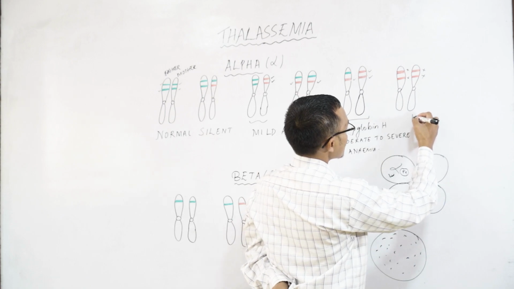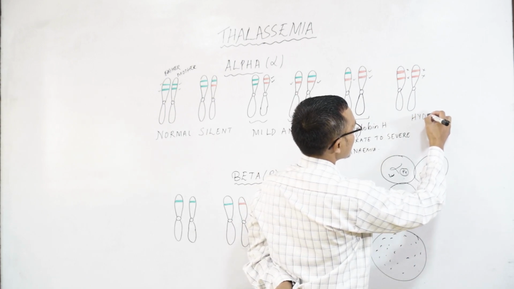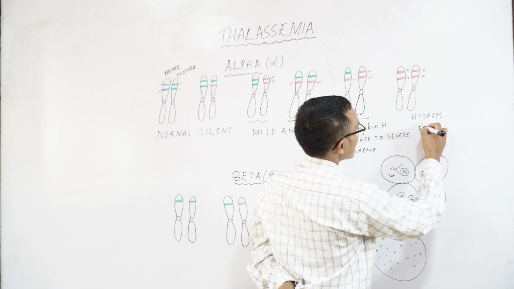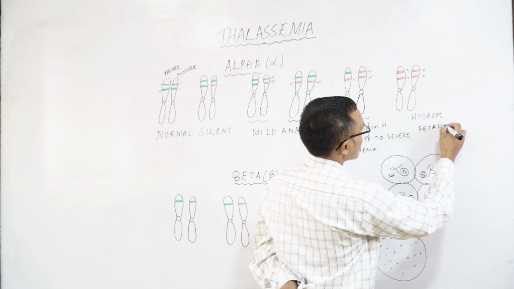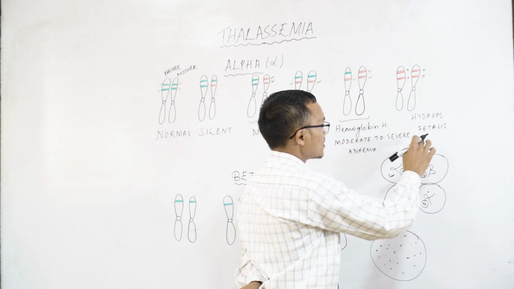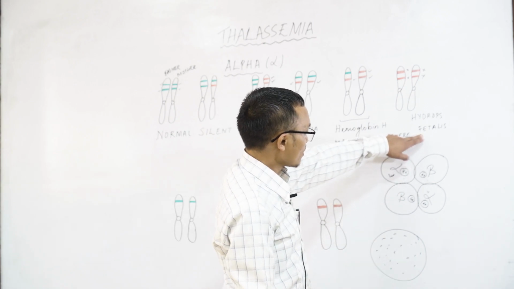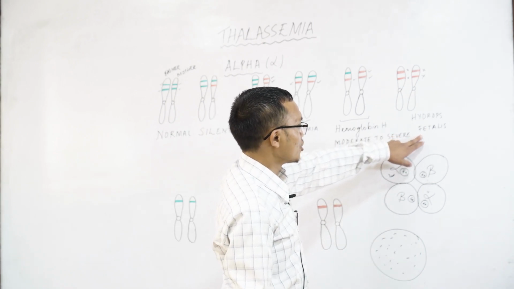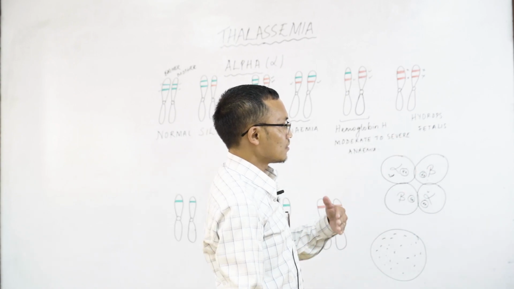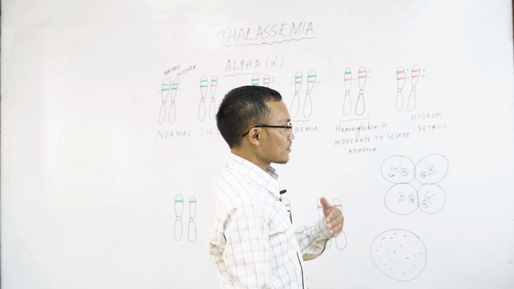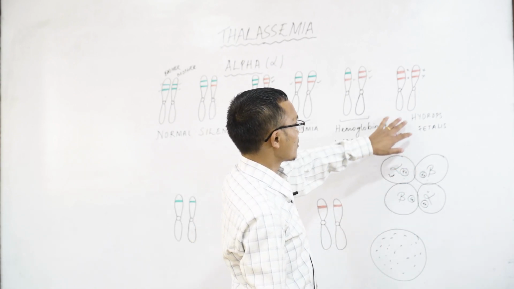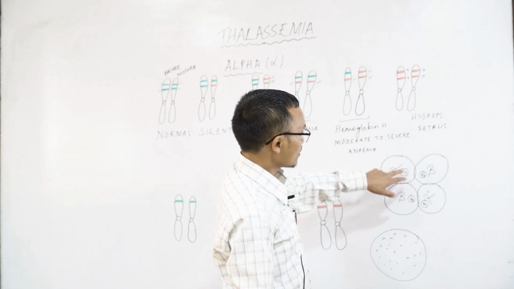So this will give rise to what we call hydrops fetalis. Now, this is very severe. It is also called alpha thalassemia major. In this case, the fetus will die before or shortly after birth because of the non-synthesis of the alpha chains.